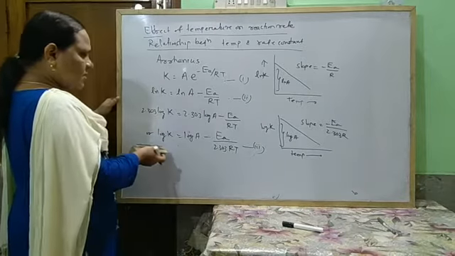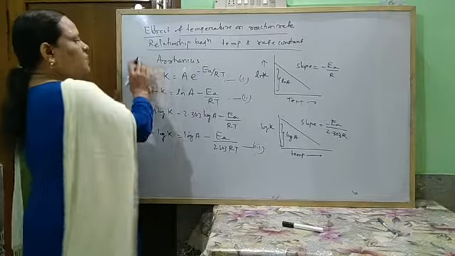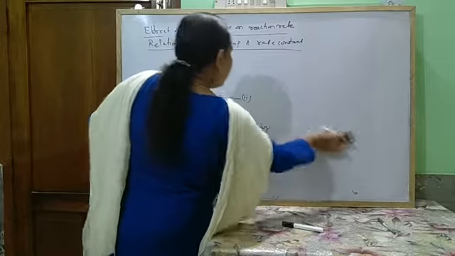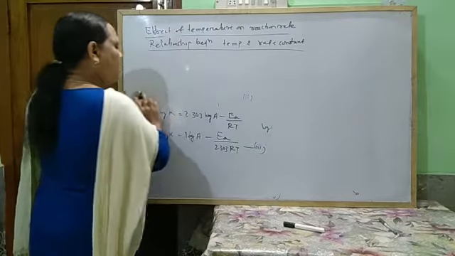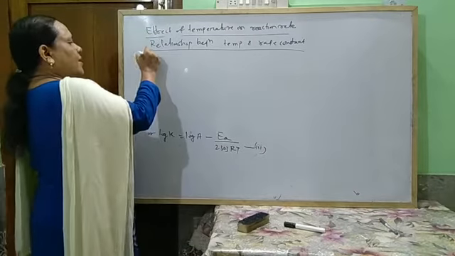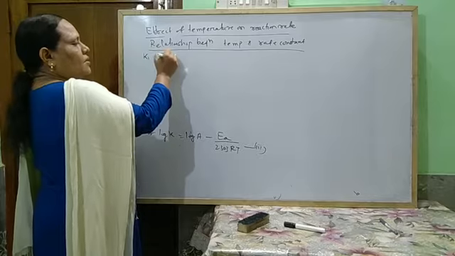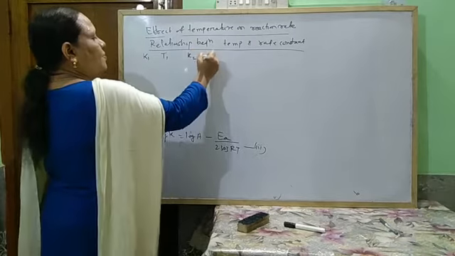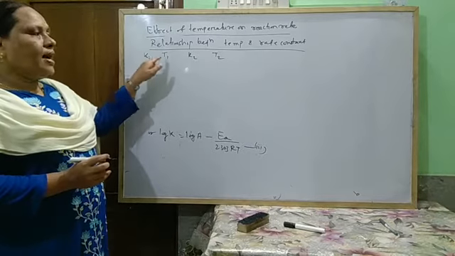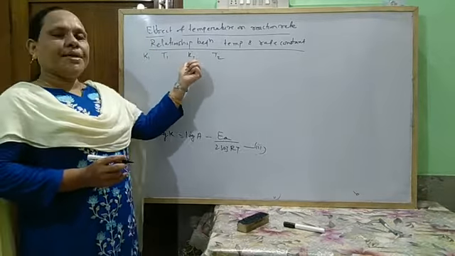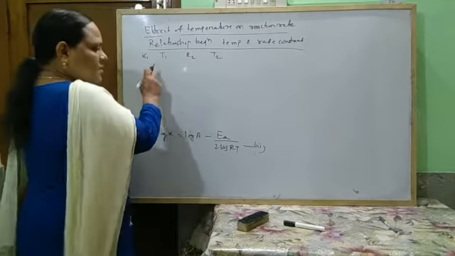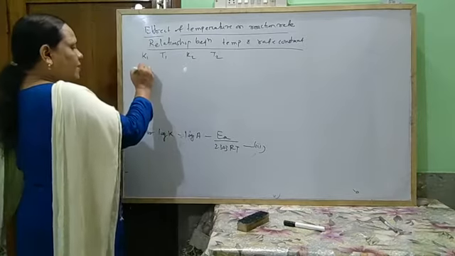From this equation 3, we can write. Suppose the rate constant of a particular first order reaction is k1 at temperature T1 and k2 at temperature T2. Now substituting these values in equation 3, what will happen?